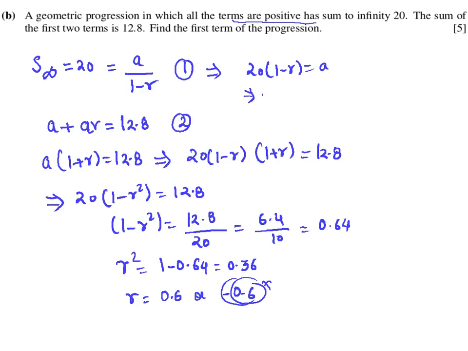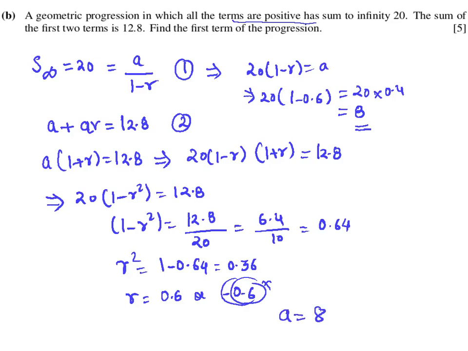So we replace it in 20(1 minus 0.6), meaning 20 into 0.4, you will get 8. So this is the first term, we got the answer: a equals 8.